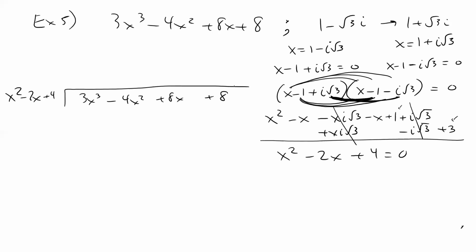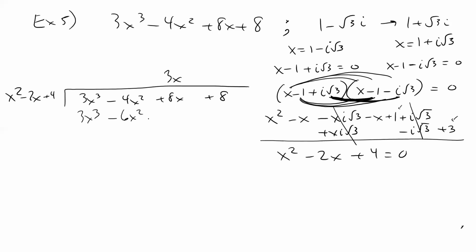Oh my gosh. Oh, let's go. What multiplies x squared to give you a 3x cubed? Just a 3x. 3x times x squared gives you 3x cubed. 3x times a minus 2 gives you a minus 6x squared.